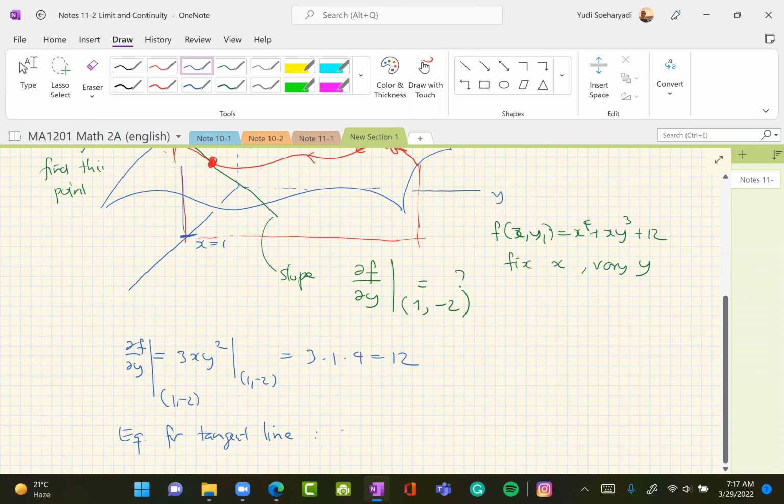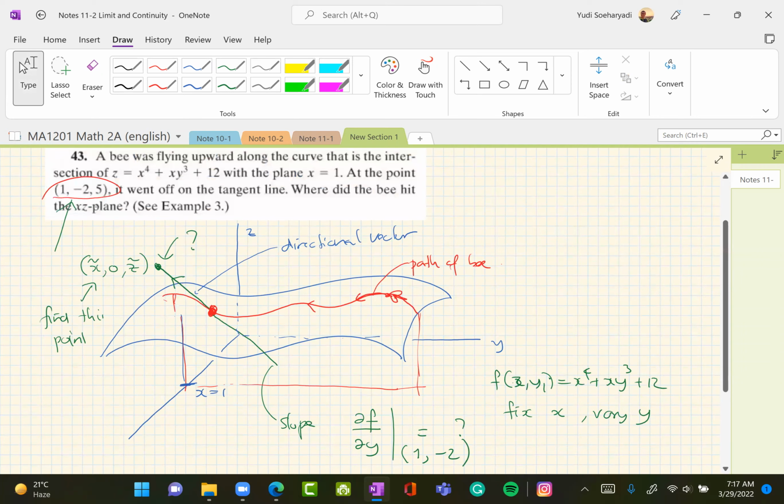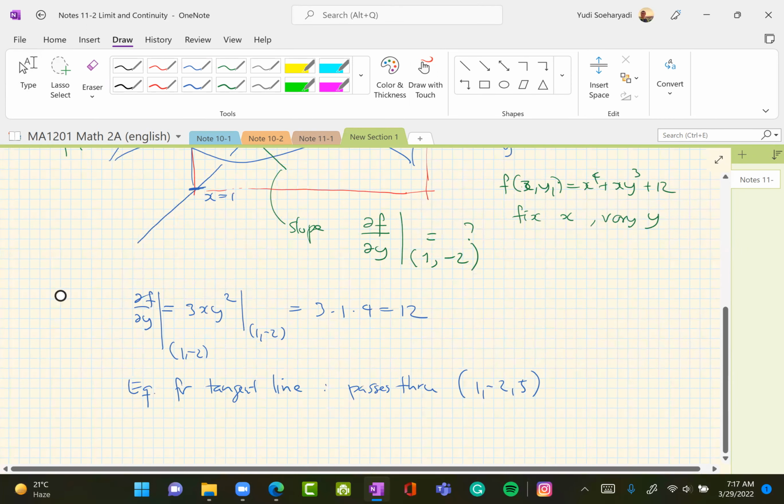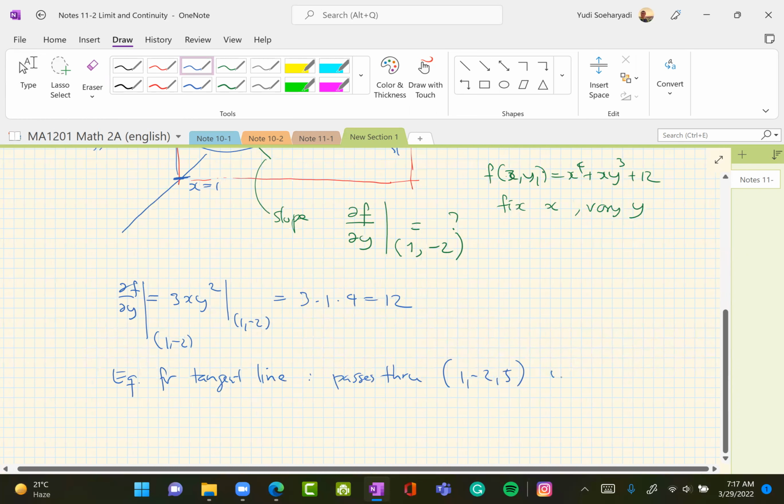So the tangent line passes through the point 1, -2, 5, and is given with a directional vector.